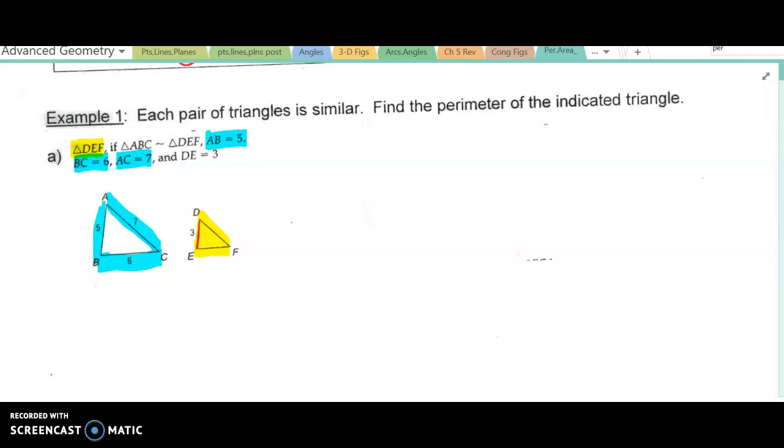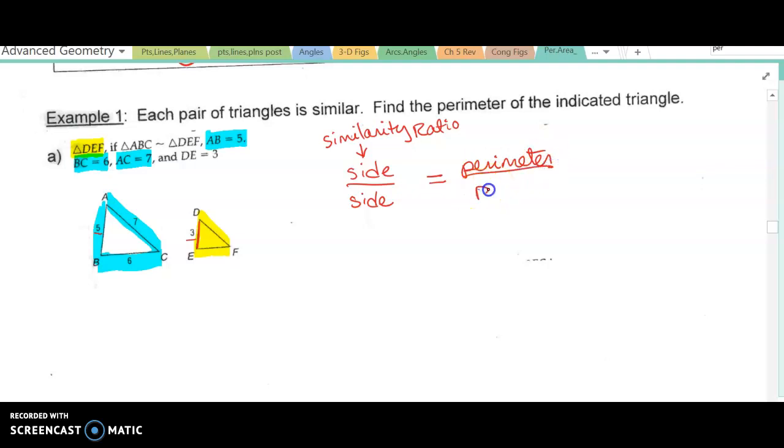So the idea is you take the side-to-side ratio, what we call the similarity ratio, and we know that is equal to the perimeter to perimeter ratio.